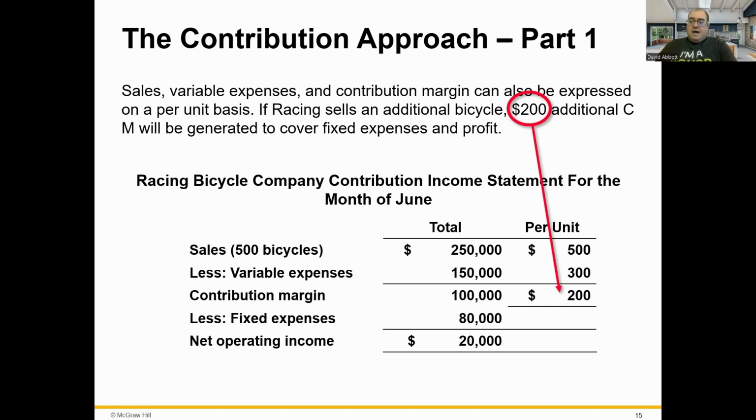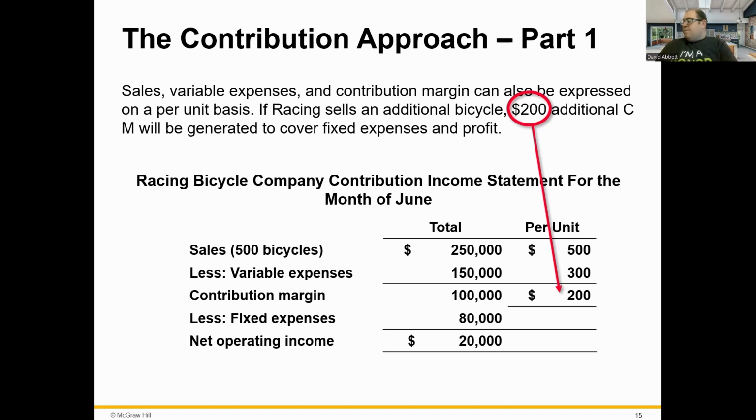And so we see that each bike we sell for $500 apiece. Our variable expenses are $300. And so our contribution margin for each bike would be $200. So $200 of each bike contributes to our fixed expenses. That's what's left after our variable expenses are paid.